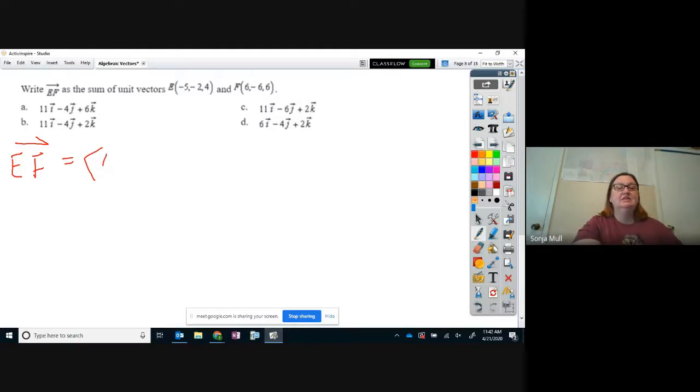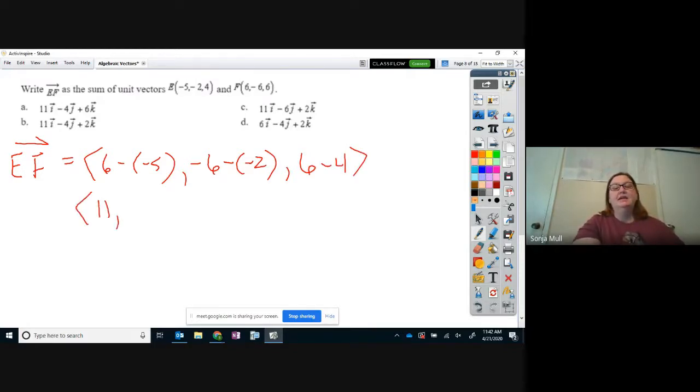So 6 minus negative 5 is my x part, negative 6 minus negative 2 is my y component, and 6 minus 4 is my z component. So this becomes 11. Minus a negative makes it plus, negative 4, and then 6 minus 4 is 2. So this would be my vector if I wrote it like this.